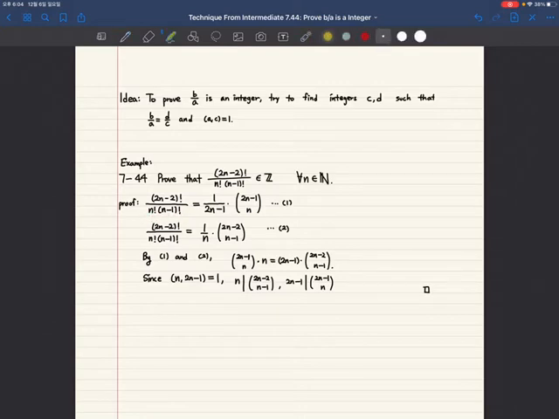We can write the first one as 1 over 2n minus 1 times 2n minus 1 choose n, and we can also write this fraction as 1 over n times 2n minus 2 choose n minus 1.